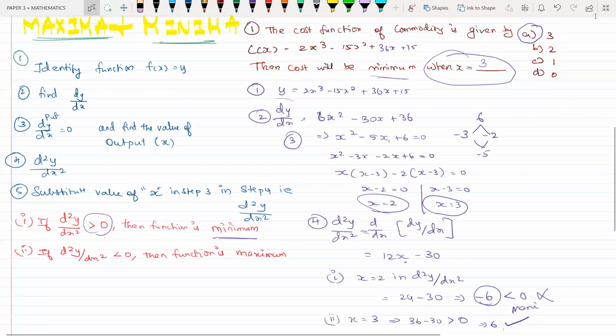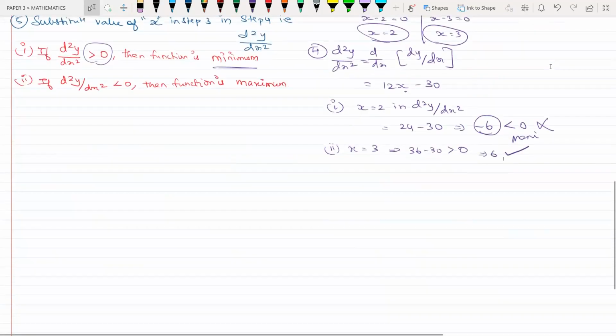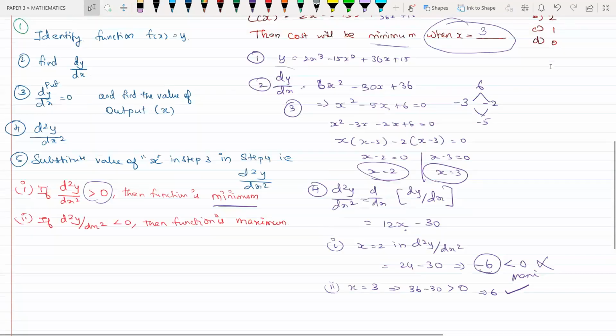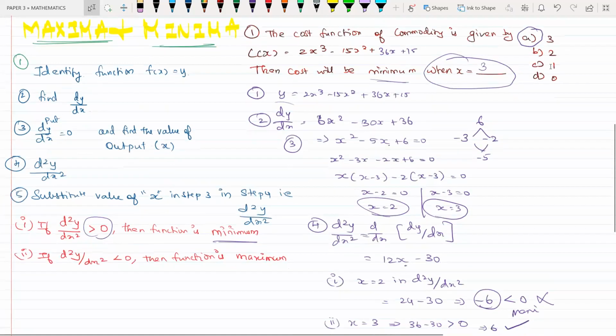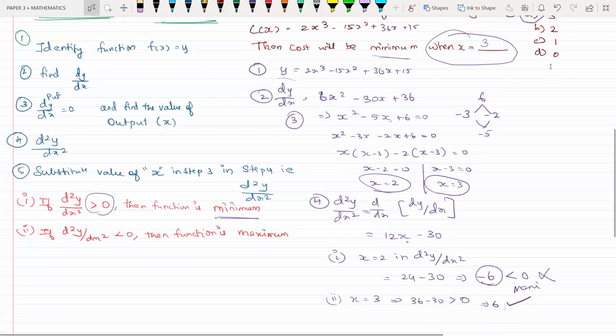Just take your screenshots. Shall we move to a little bit complicated one? This was a very easy problem. Those who are watching the recording, just pause the video, copy it down in your notebook and then resume it.